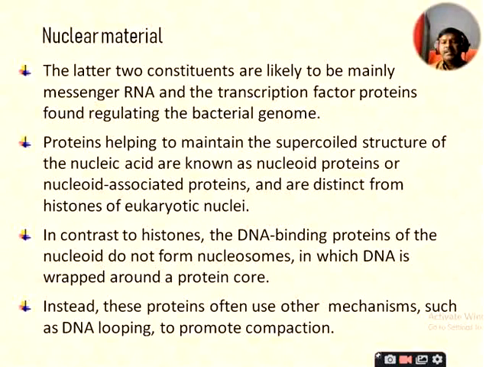Instead, these proteins often use other mechanisms such as DNA looping to promote compaction. That means long DNA is fitted in a smaller organism, and that's why DNA loops are formed to promote the compaction of the DNA.